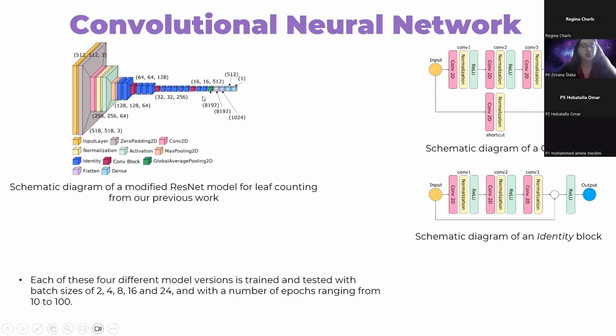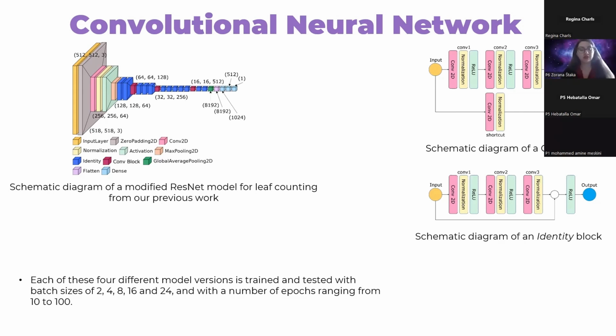Each of these 4 different model versions is trained and tested with batch sizes of 2, 4, 8, 16, and 24, because these batch sizes can sometimes influence the performance of the network greatly. And also with the number of epochs ranging from 10 to 100 with step 10.